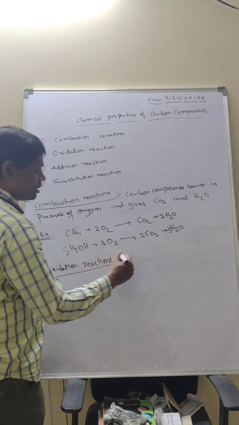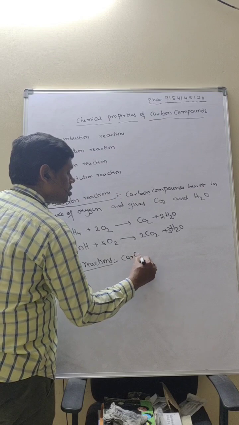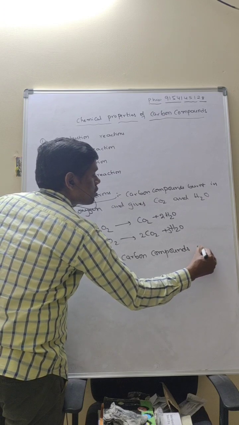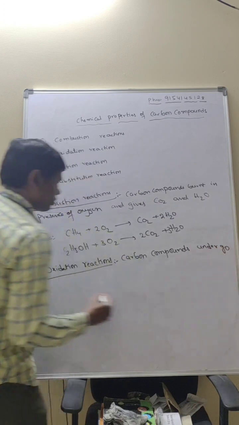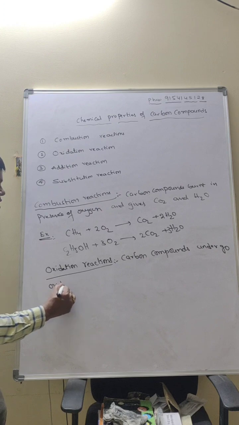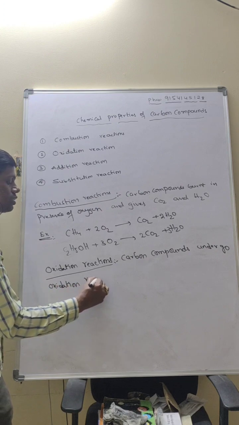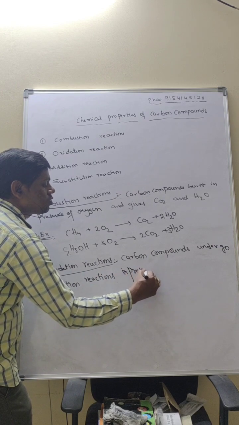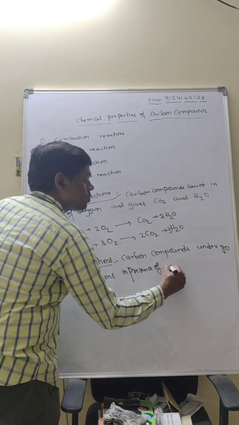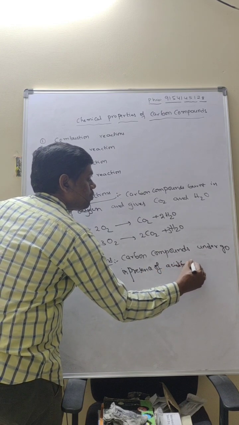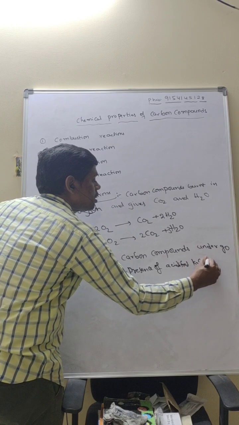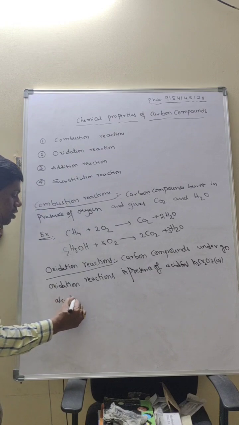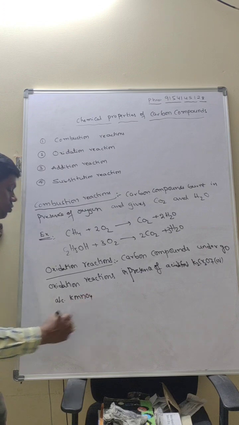Carbon compounds undergo oxidation reactions in the presence of acidified K2Cr2O7 or alkaline KMnO4.